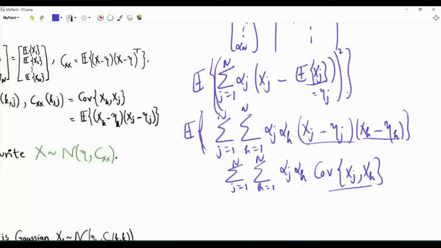So we get a quadratic form, a double sum here, which can be written as alpha transpose, where alpha again is this column vector with the alphas.